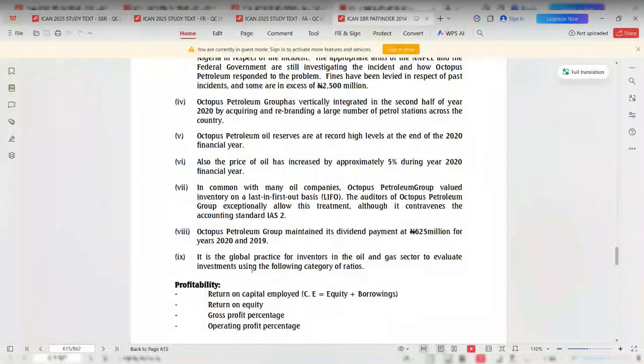So Roman figure 9: it is the global practice for investors in the oil and gas sector to evaluate investment using the ratio. So they say that the practice of investors in oil and gas sector is for them to evaluate their investment using this ratio.